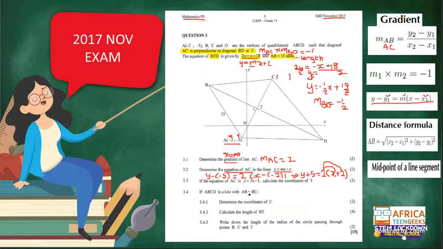So try it. Because if you were to solve for y, let's use a different color. Yes, great.